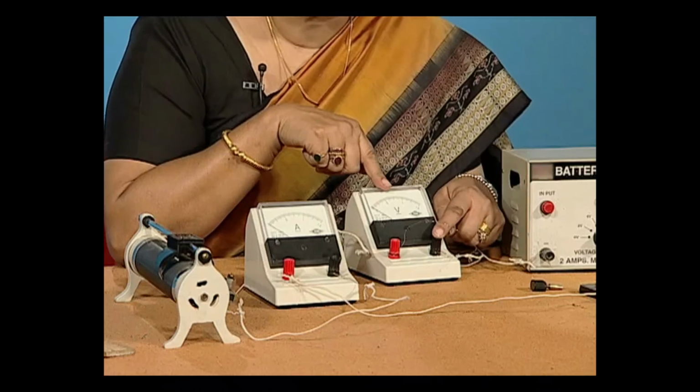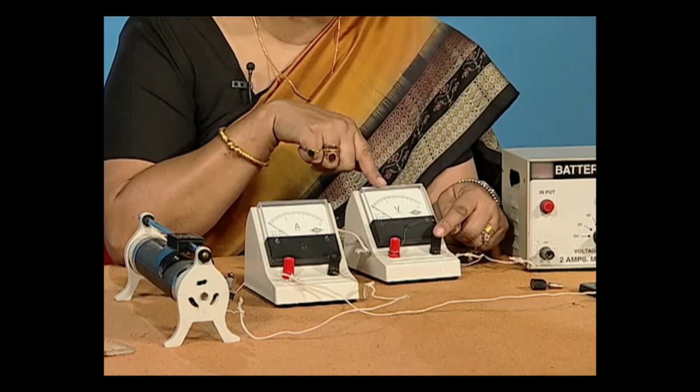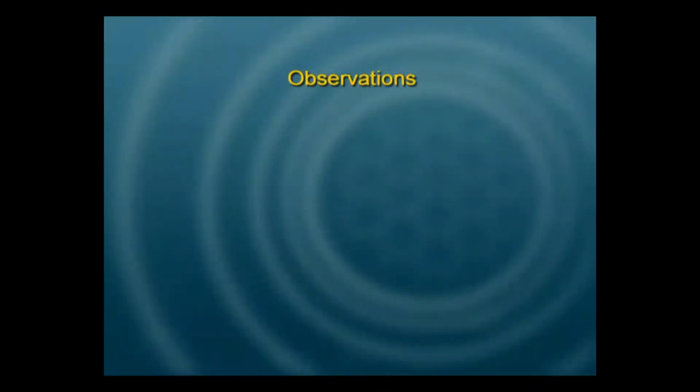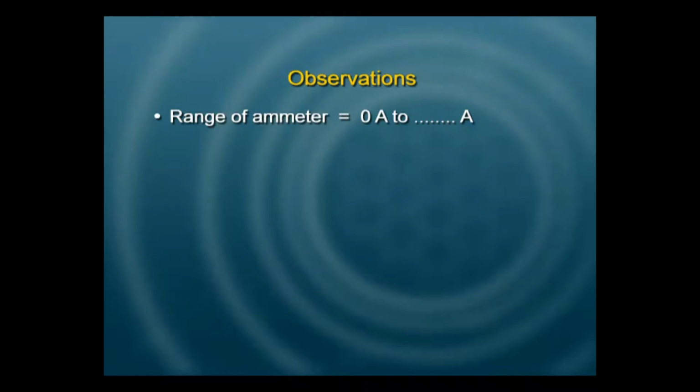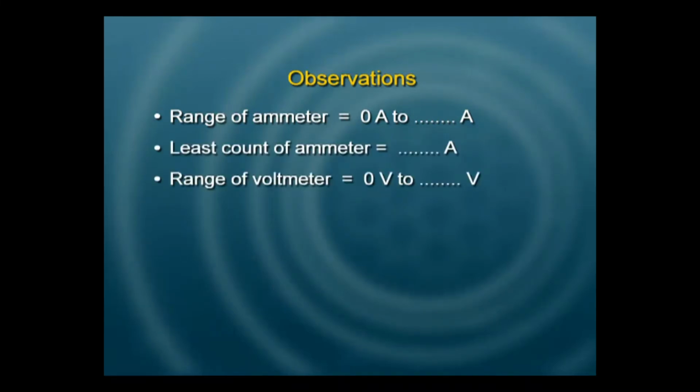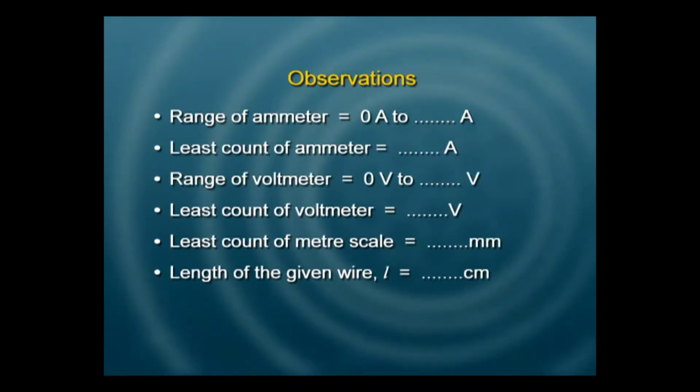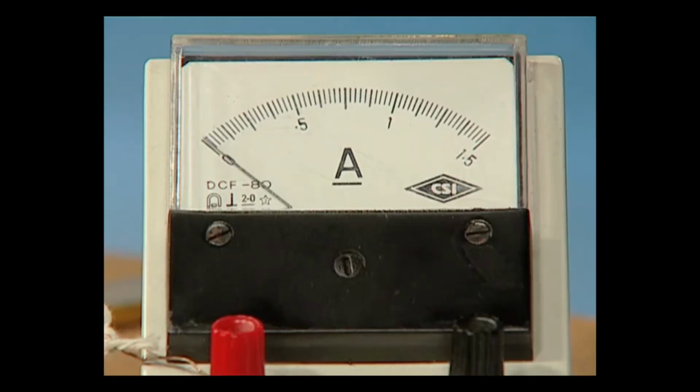So, let us do this experiment and set up an observation table. What do we require to do? First and foremost, we need to find the range of the meters, the least count of the 2 meters and the least count of the ruler. So, what do we have here?